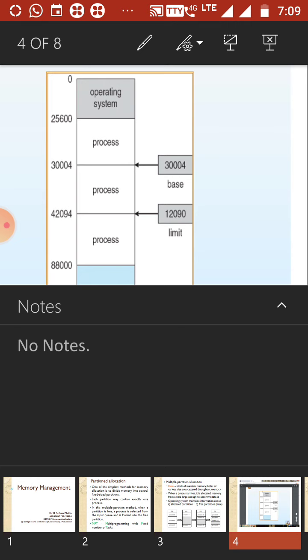So concerning program 2, when it is in execution, the CPU generates an address. This address is a numerical number, and it must range from 0 to the total size of the program.